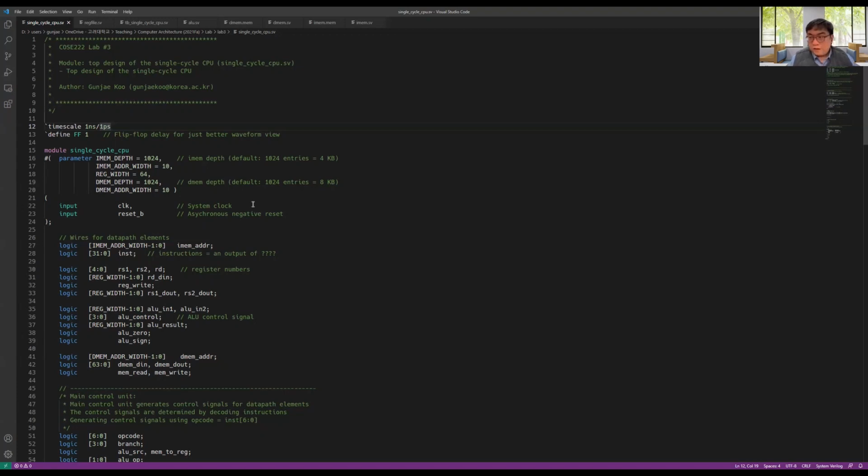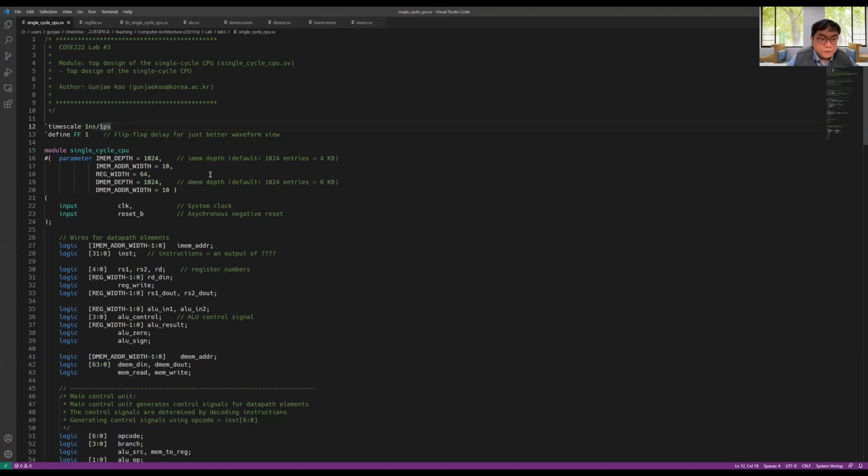So our single cycle processor also needs to support these branch instructions, including the instructions that were explained in the textbook.